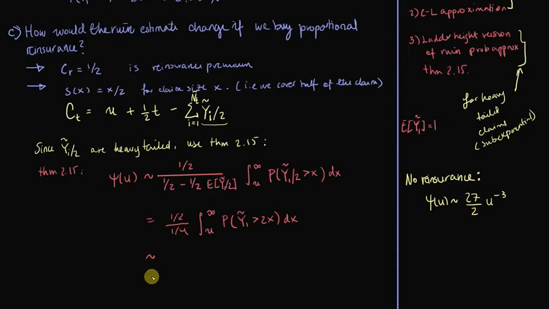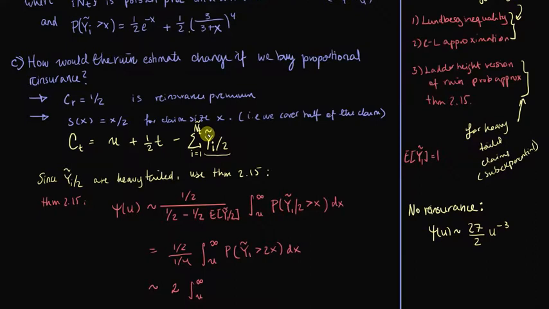And now we use the same trick as we used in B, where we note that the tail probability of this claim size is mainly dominated by the Pareto part of the mixture distribution. So you have this tail probability here, which is a mixture of an exponential tail and a polynomial tail.